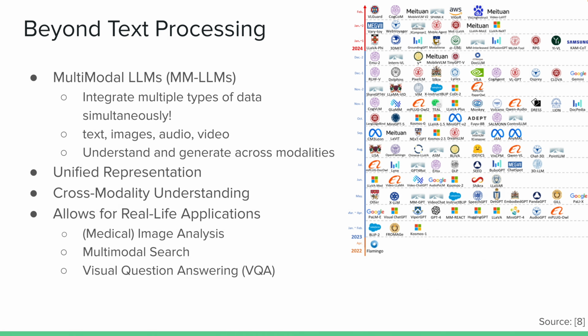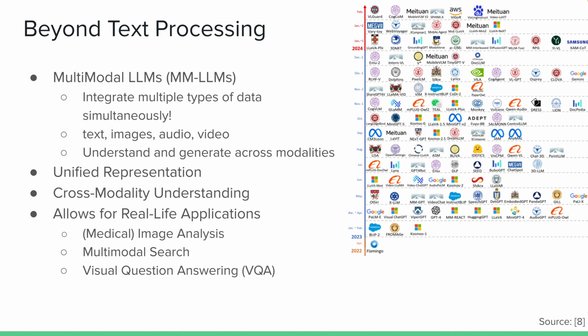But moving forward beyond text processing, we are just now entering an era of multimodal large language models. These integrate various types of data simultaneously, whether text, images, audio, or even videos. This gives the models the ability to understand and generate across different modalities, making them describe images, generate text from audio, or even answer questions based on a combination of text and images.